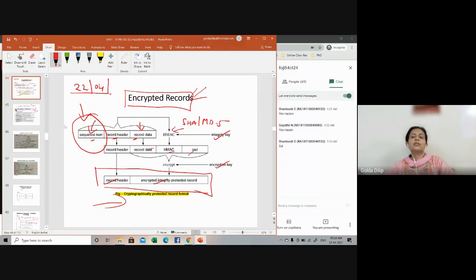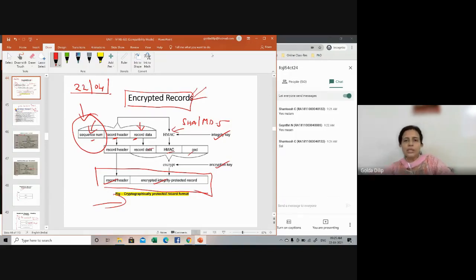SSL. SSL switch protocol. SSL is one huge protocol which contains so many protocols. So in SSL, you have your record protocol, you have your alert protocol, you have your handshaking protocol, and you have your change cipher specification protocol.